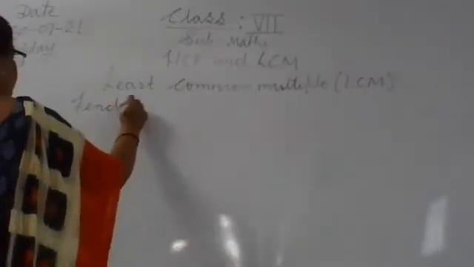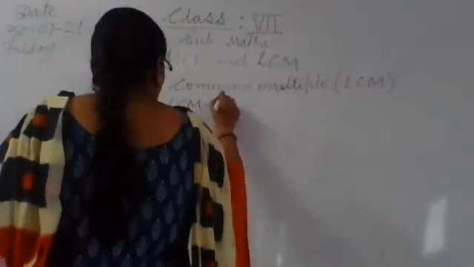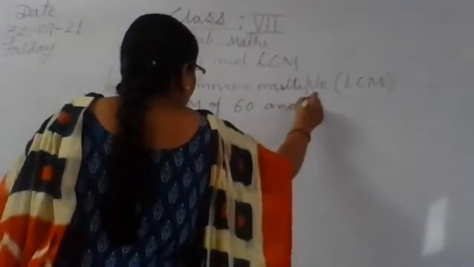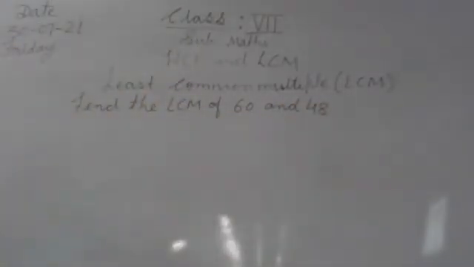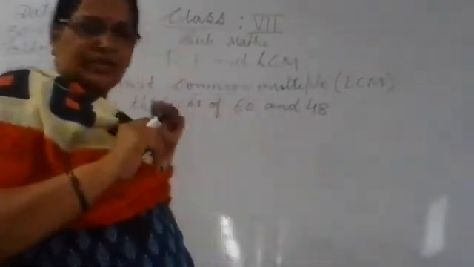Find the LCM of 60 and 48. You have to find the number that is divisible by both 60 and 48.